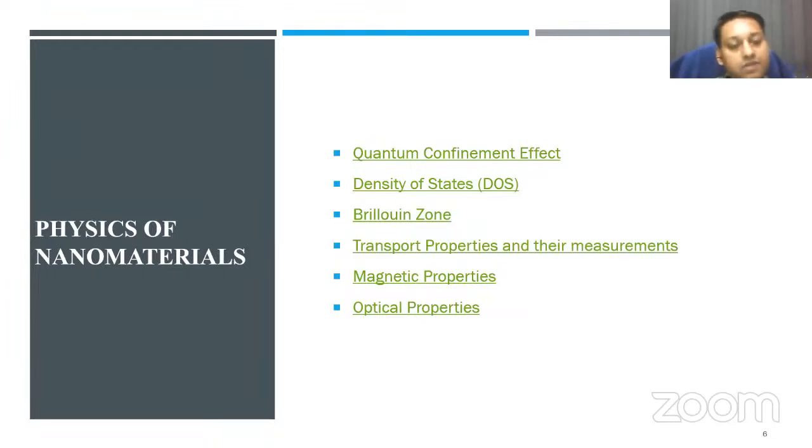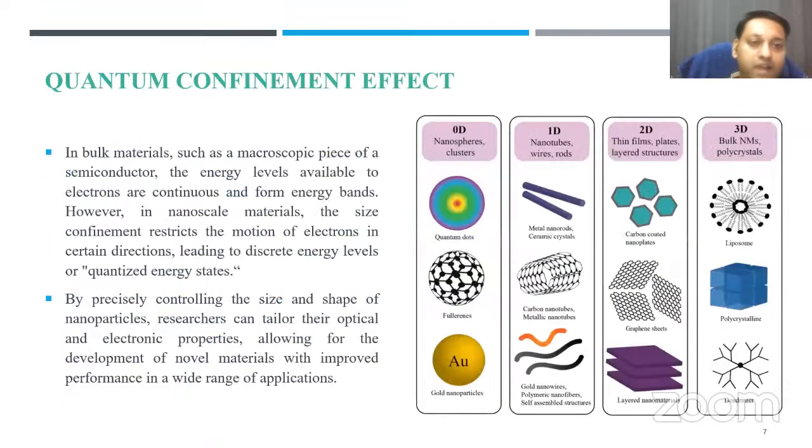Then we come to the physics of nanomaterials. Here we will discuss different topics: the quantum confinement effect, the density of states, the Brillouin zone, and then the transport properties and their measurements, the magnetic properties, and the optical properties. First, we'll discuss the quantum confinement effect, which is well known to most of you.